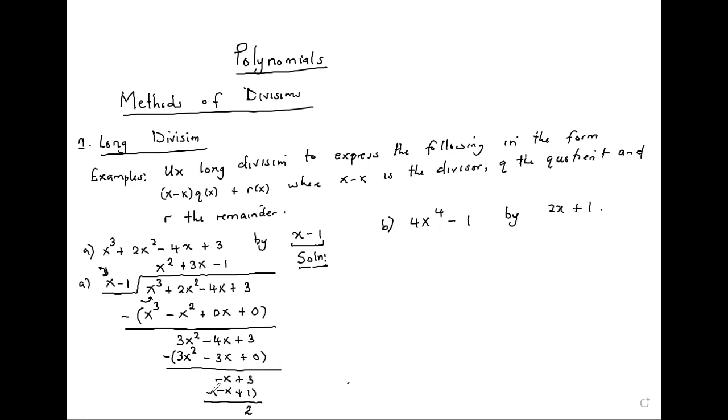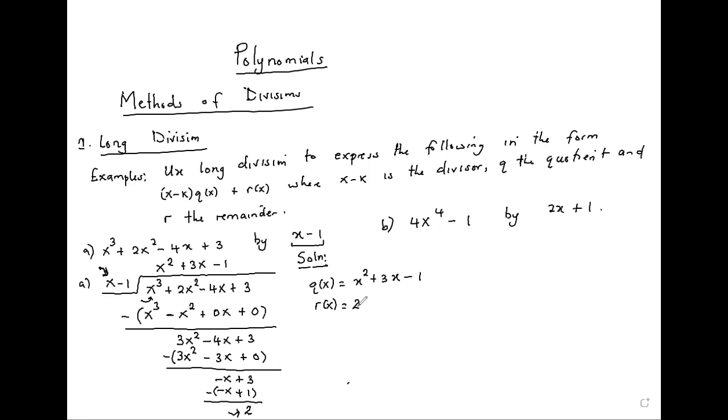This means that the quotient is the one that we have up here, x squared plus 3x minus 1. The remainder is this number that we have down here, which is 2.